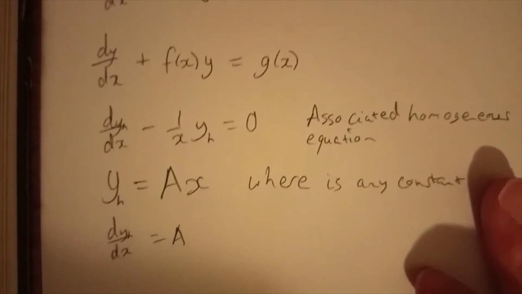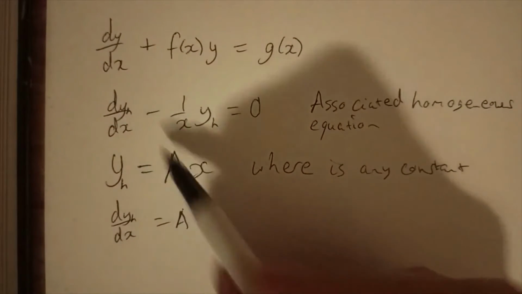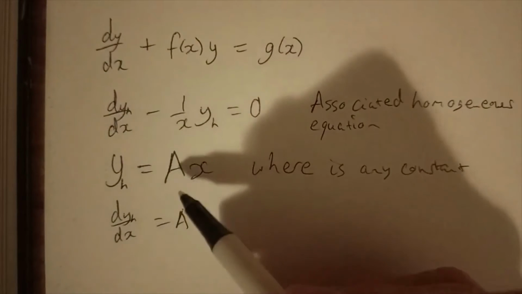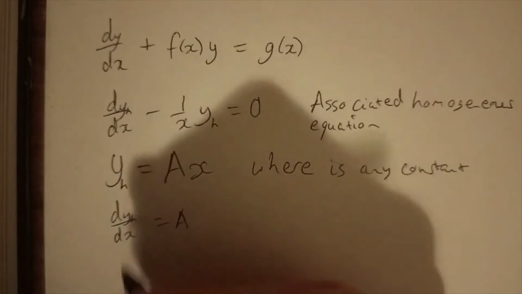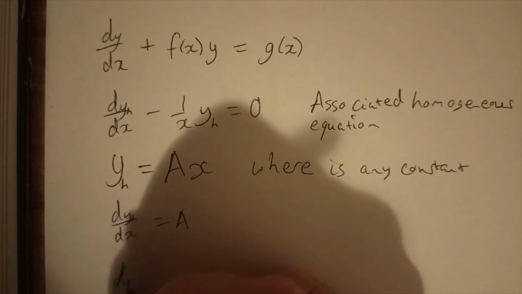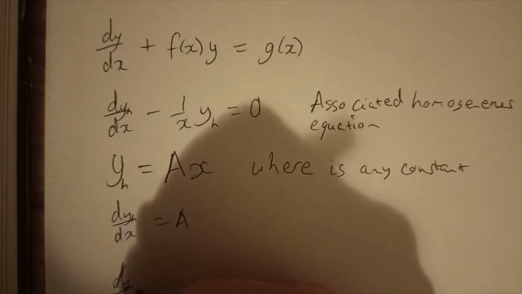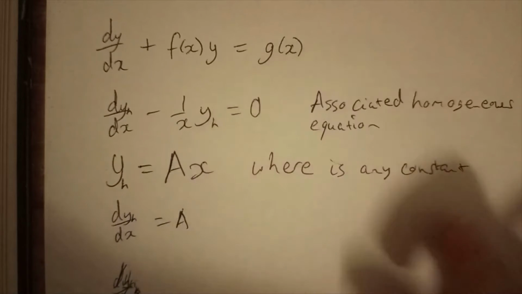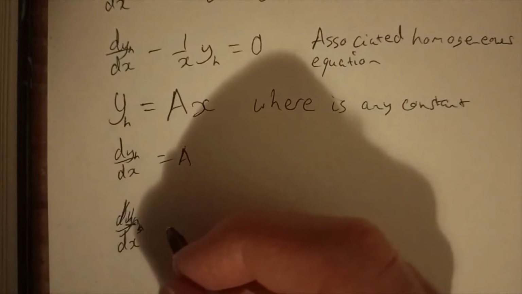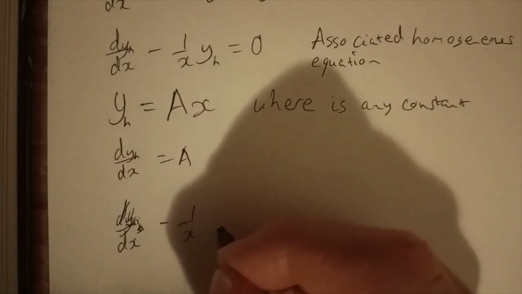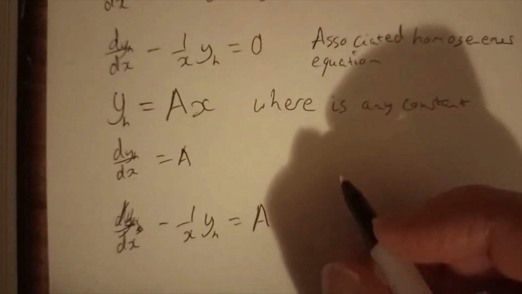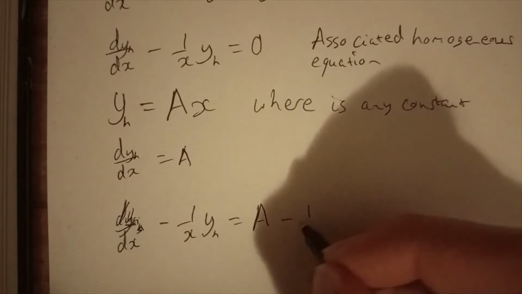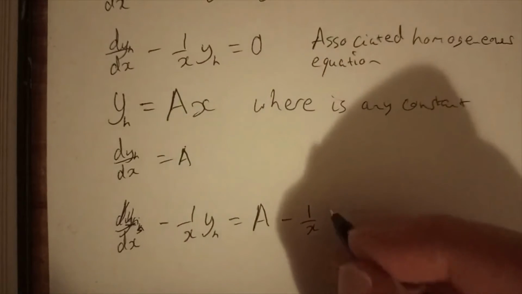So if we substitute a into here and ax into here, we get dy_h/dx minus 1 over x times y_h will equal a minus 1 over x times ax.